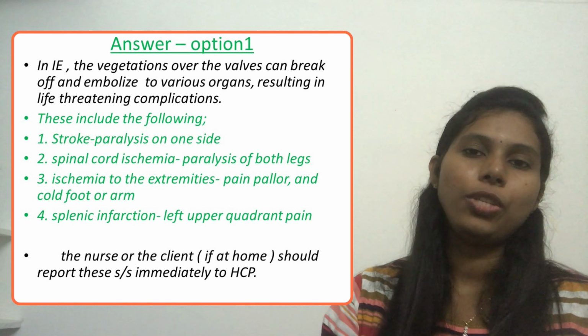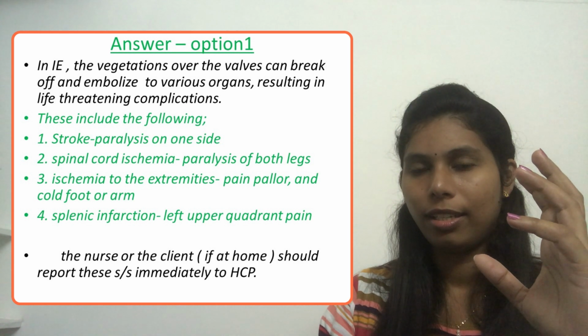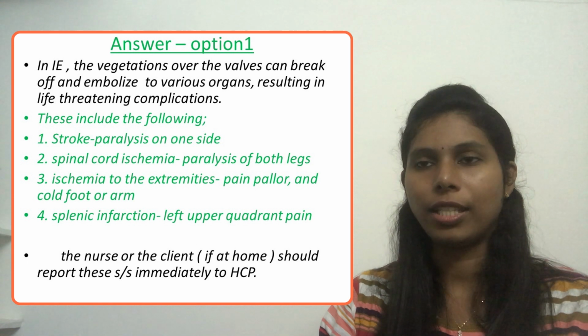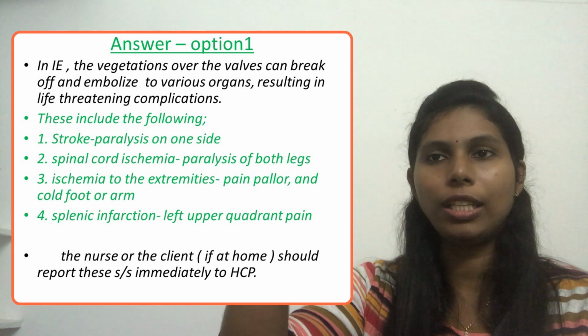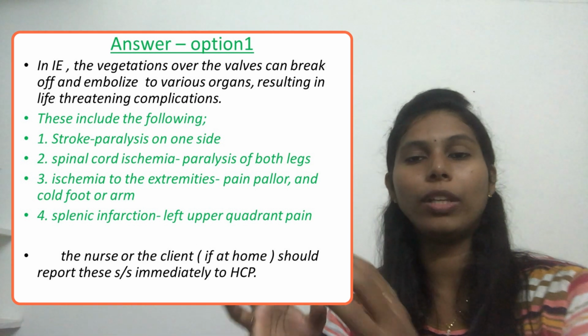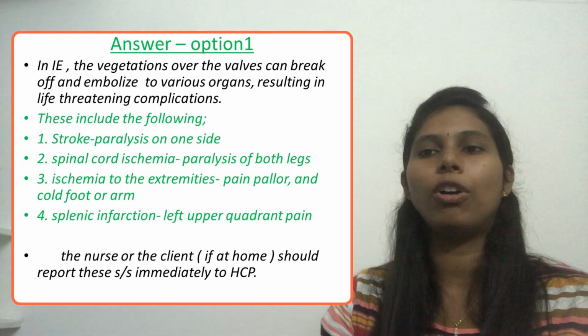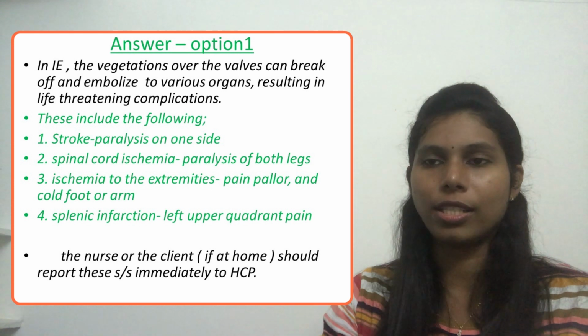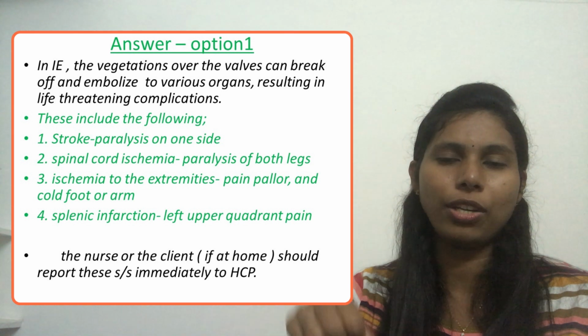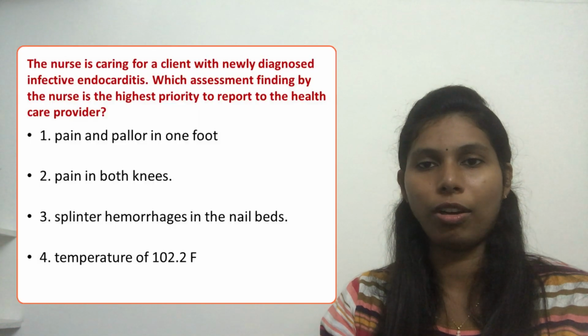So we should keep these points in our mind, and then we can easily find the answer. If we see any such life-threatening complications or their features, we should immediately inform the doctor. That is what the question asked: which is the highest priority finding that should be immediately informed to the doctor.